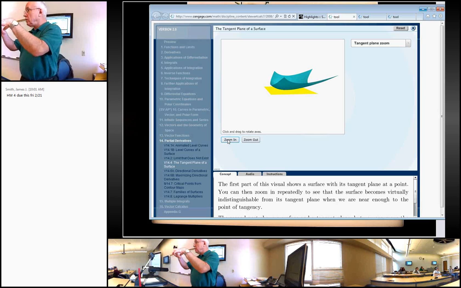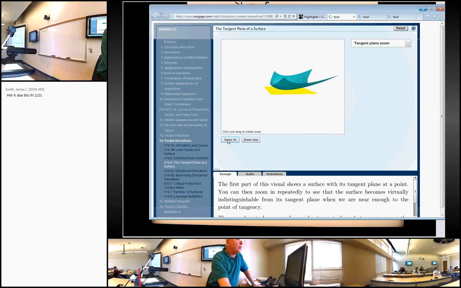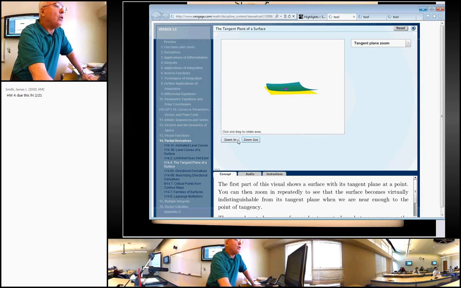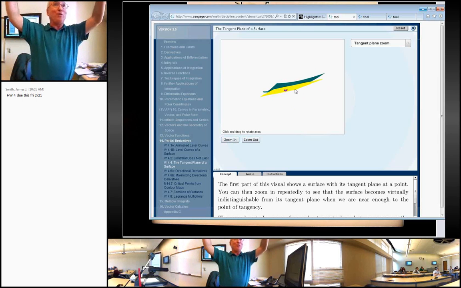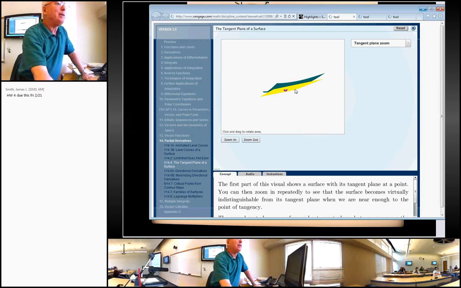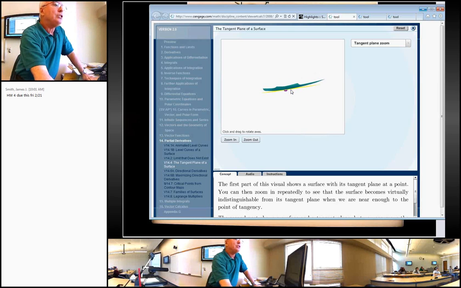I'm going to zoom in again and again. Now, here we're very close to the point P, and that blue is that portion of that really curvy surface, but when we get close, the tangent plane actually isn't that far off from the surface.